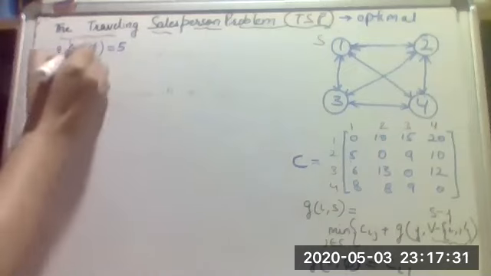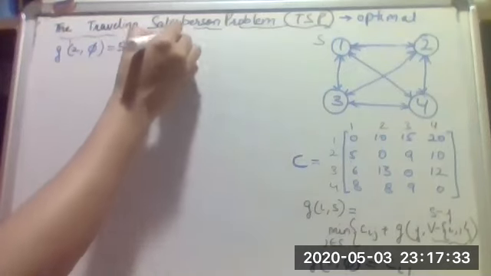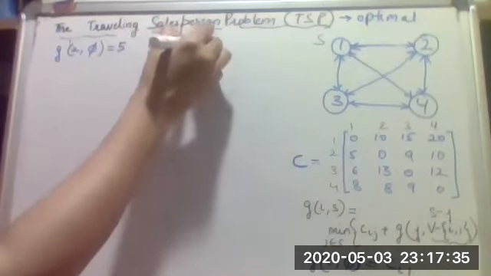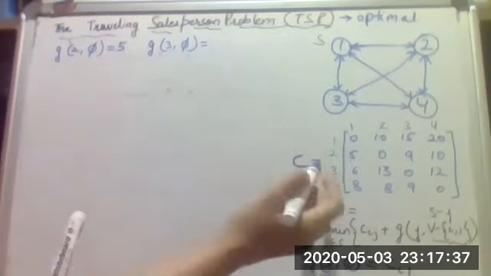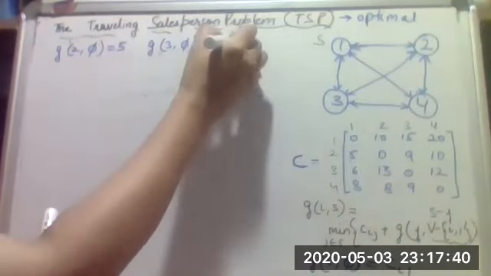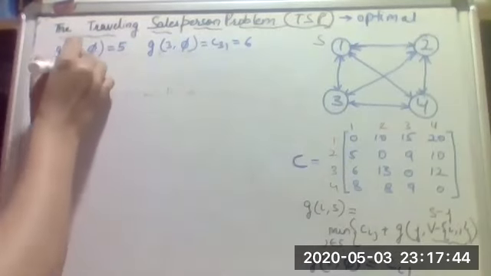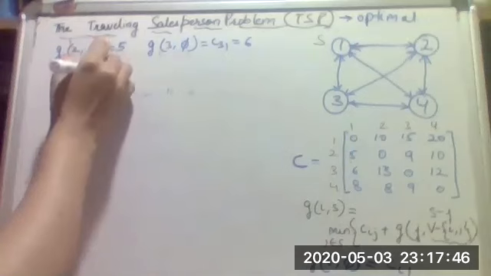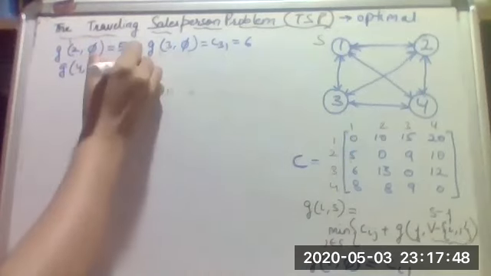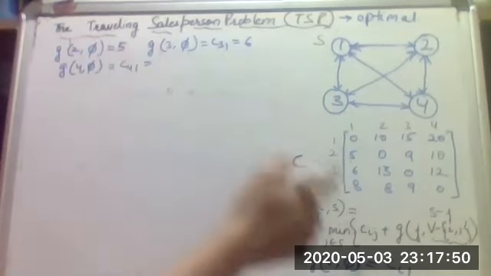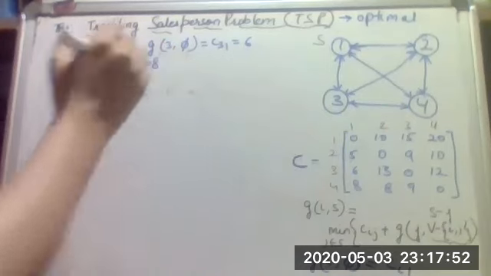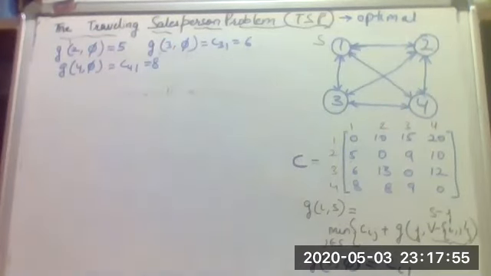Yes, then coming to G3, this is equal to C3 1, which is equal to 6. G4 with an empty set is actually equal to C4 1, which is equal to 8. I hope this is clear.